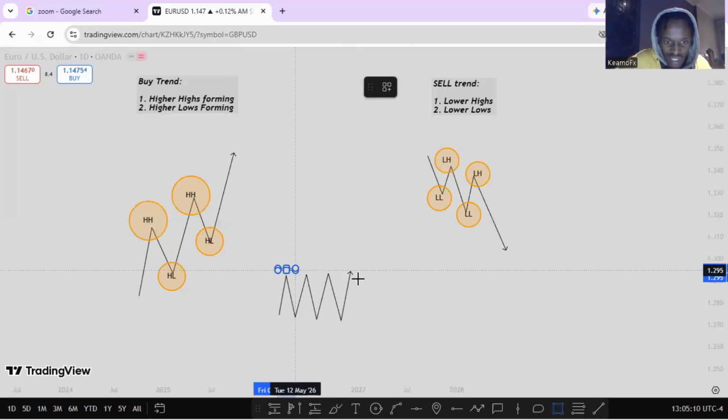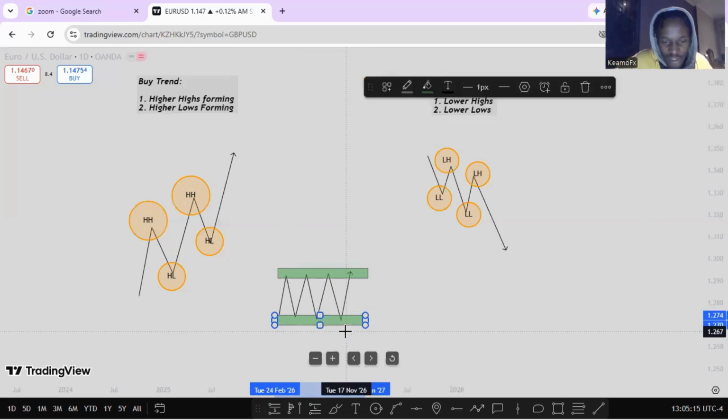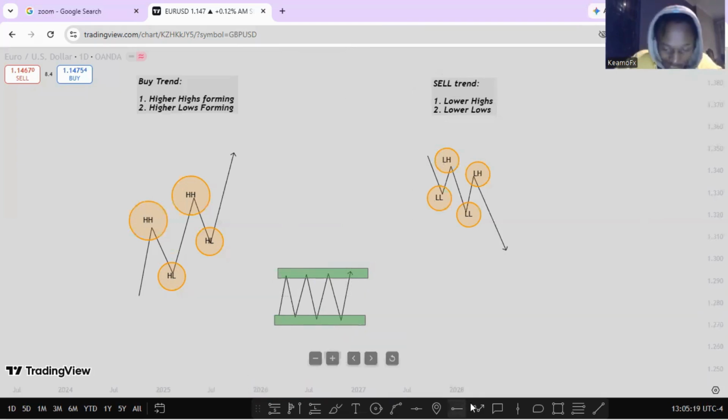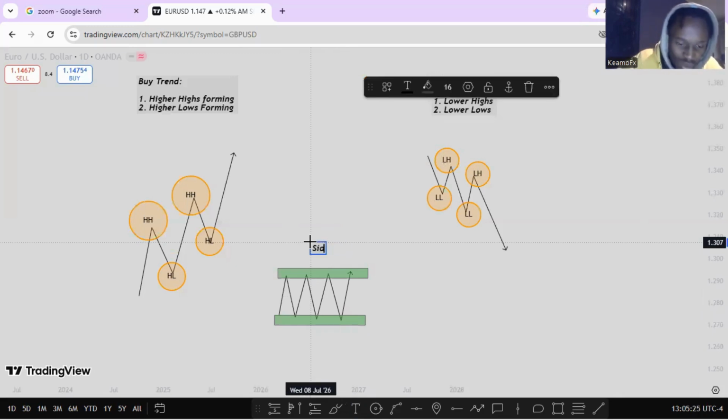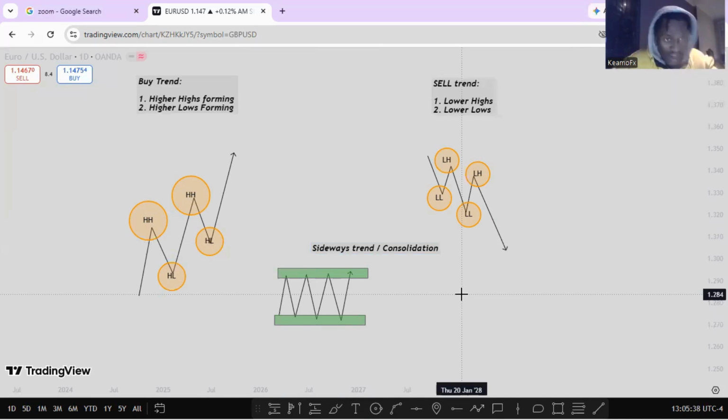The market is struggling to move higher than the highs, and it's struggling to move lower than the lows. So it's just remaining in one mini consolidation, like we call it. So it's a sideways trend, consolidation, whichever makes sense to you. And essentially, that's how we define trend, right?